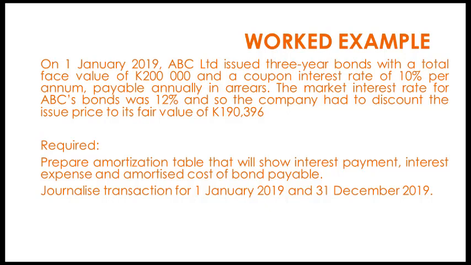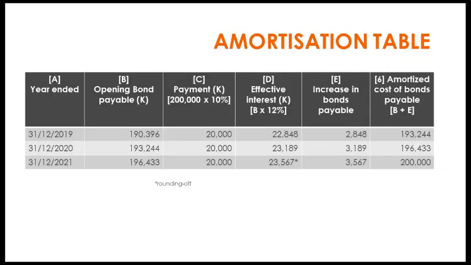So the coupon rate is 10%, but effectively the interest will be 12%. And so the company had to discount the issue price to its fair value of 190,396 kina. The first requirement is to prepare an amortization table. And then afterwards, we will present a sample journal entry for 1st January to 31st December 2019.